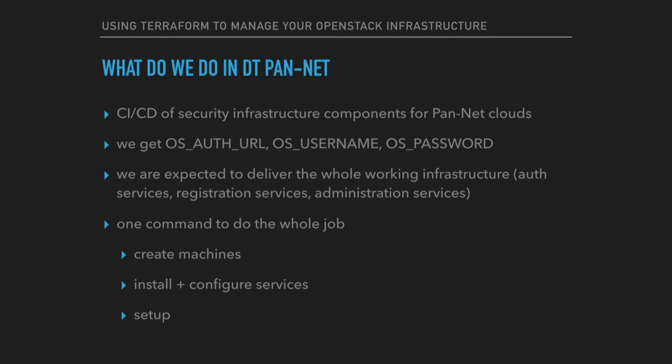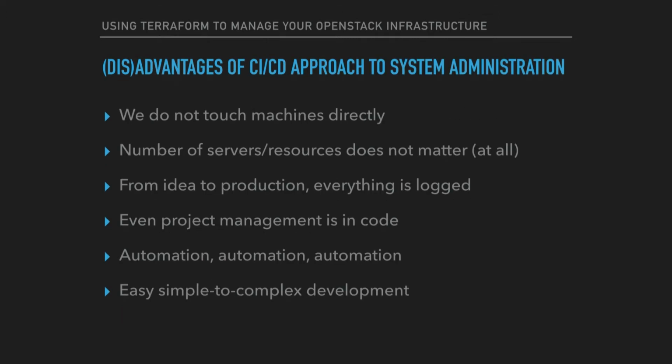So we are building the black box where you throw your OpenStack URL, username, and password, and at the end you get the all working infrastructure without any touch. So we actually are programming the infrastructure. This black box contains something that creates machines, that installs and configures the services, and does the setup. I will talk about it in a second.